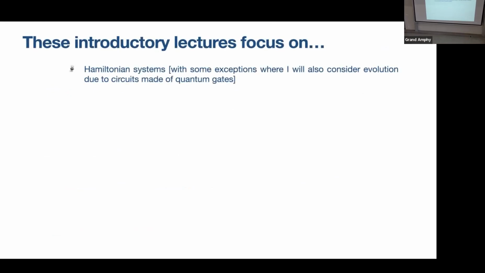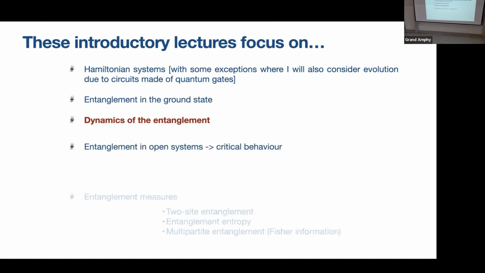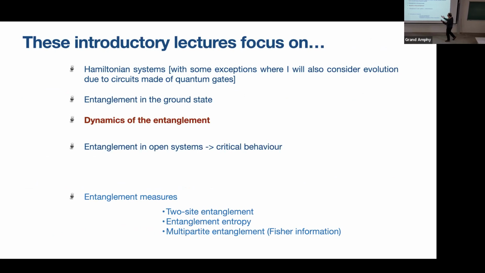I think with this I just conclude the discussion on the ground state, and this last part on finite temperature, and I move to the next step of my discussion.